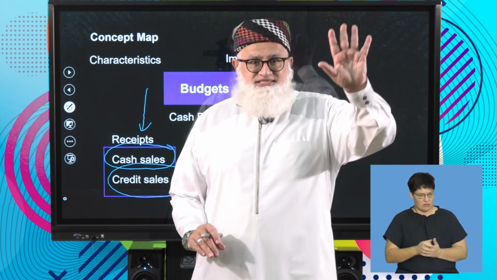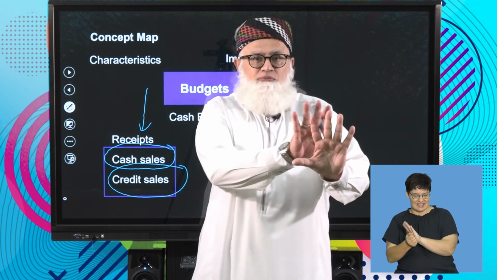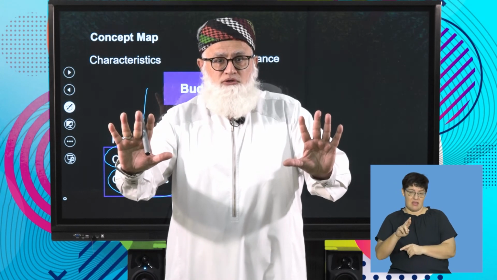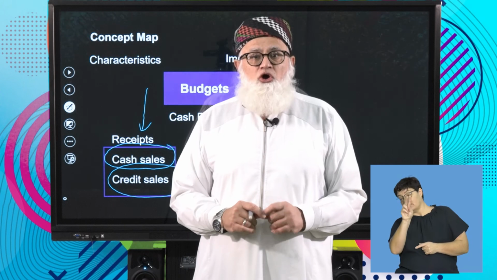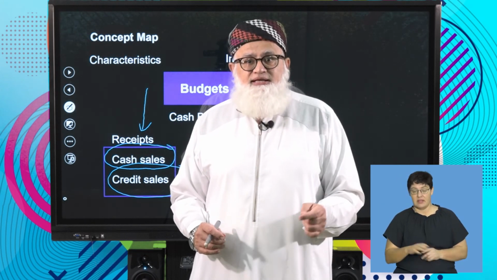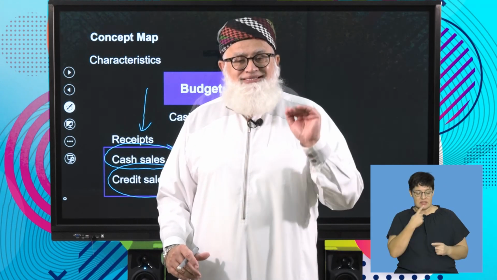Because we said it's credit sales. From our credit sales, we moved on to our debtors collection schedule, which gives you an anticipated or a projected amount of what you expect to receive from your debtors. And then finally, that would feed into your cash budget, where you would say receipts from your debtors.